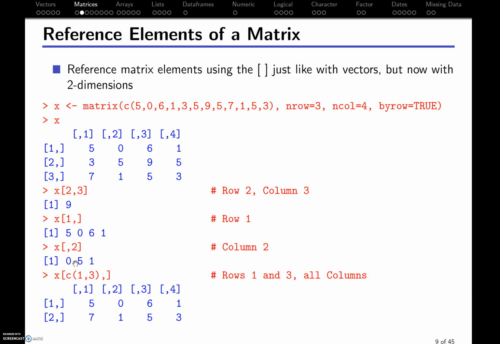If you want to get a set of columns or rows, you can create a vector. Notice this is the concatenate function, and we're creating a vector 1, 3, which picks up the first row and the third row out of our matrix X. The column dimension is left blank, so we get all the columns.